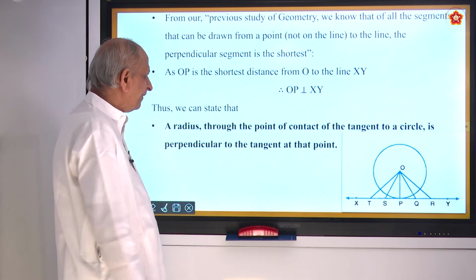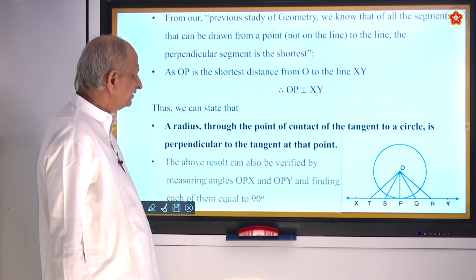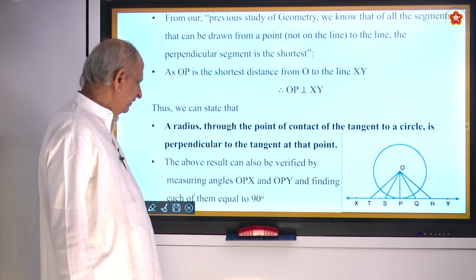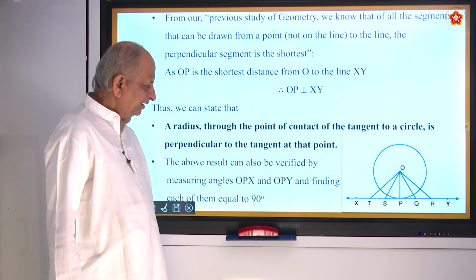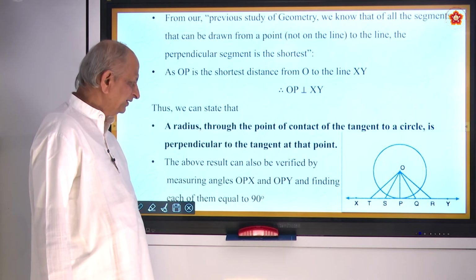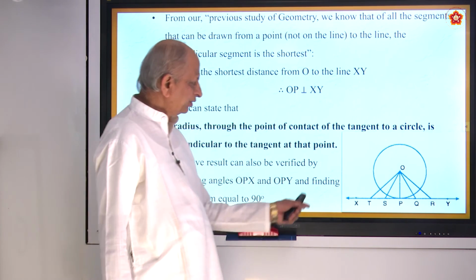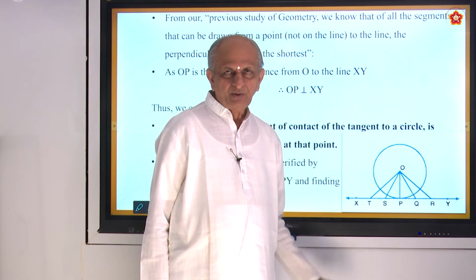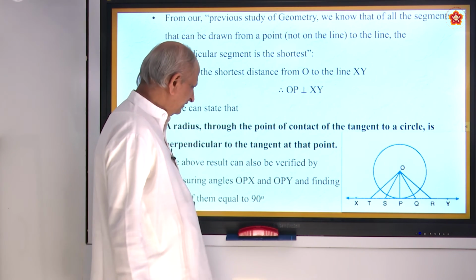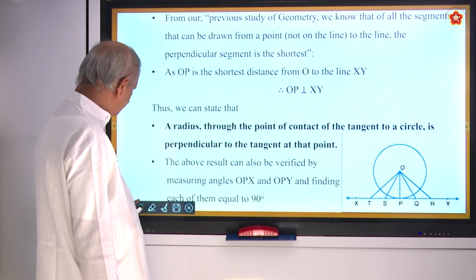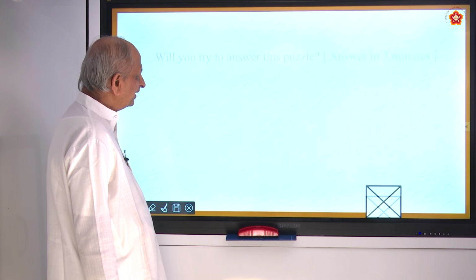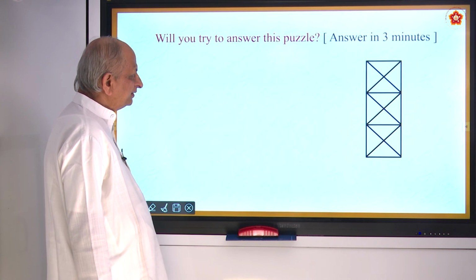This is a very important property of a tangent. The above result can also be verified by measuring angles OPX, OPY and finding each of them equal to 90 degrees. You can draw one more circle, one more radius, measure angles, and we find that all angles will be equal to 90 degrees. So that is another property of the tangent.